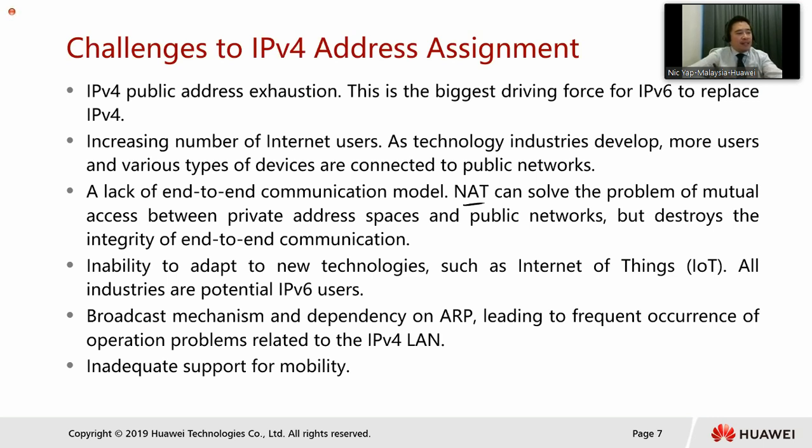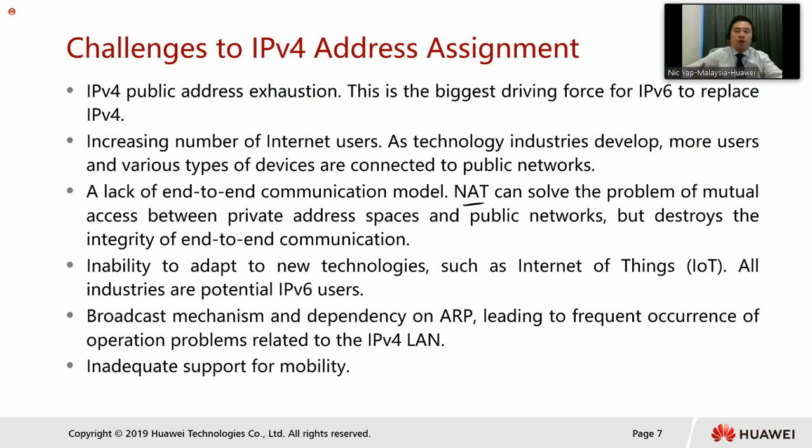And then there is the broadcast mechanism and the dependency on ARP, leading to frequently occurring operating problems related to the IPv4 LAN. That is a drawback of using IPv4, because IPv4 addresses in the local area network still rely on a broadcast mechanism.